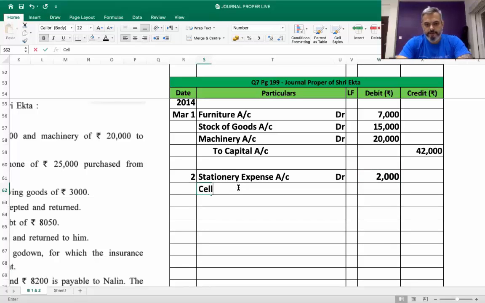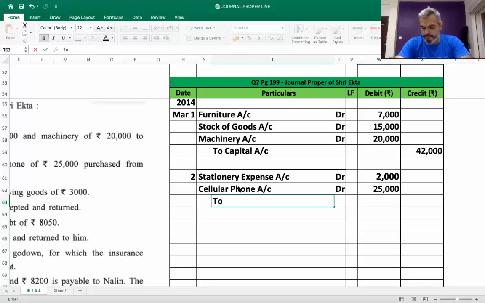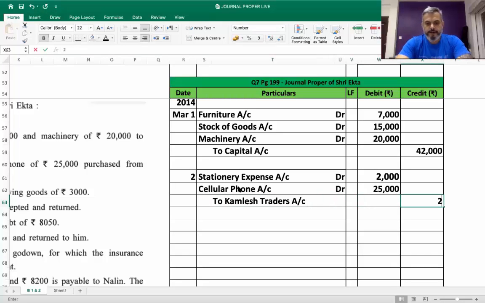Then cellular phone account debit 25,000 to Kamlesh Traders account 27,000.